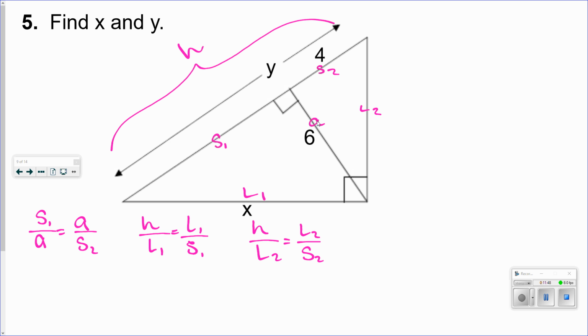We need to solve for x and for y. What are we thinking? First, we're going to solve for y. Okay, we could use that first one, the altitude one. Altitude is 6. How could you write segment 1?